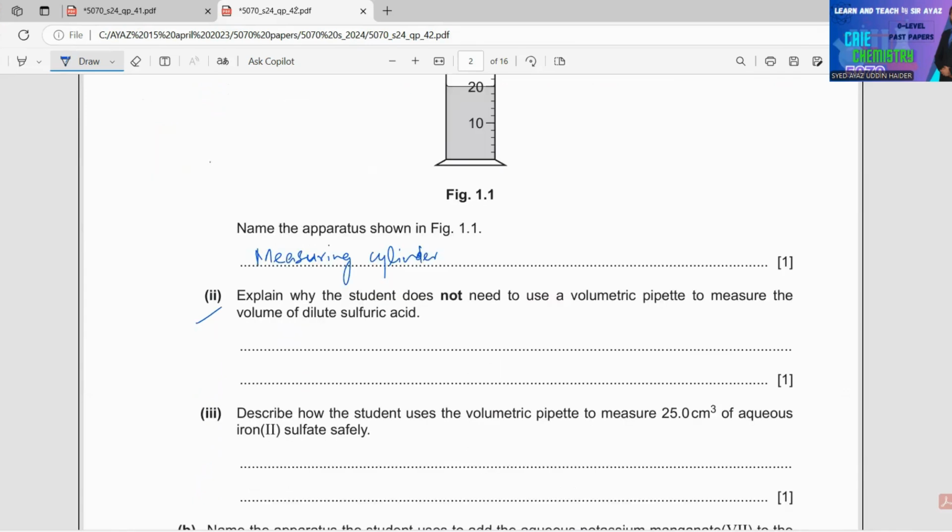So the volume does not need to be accurate. Volume of acid does not need to be accurate. You can even write precise, beside accurate or precise.